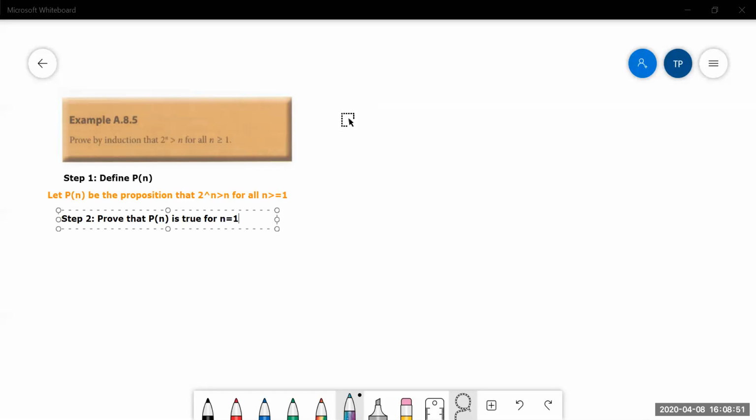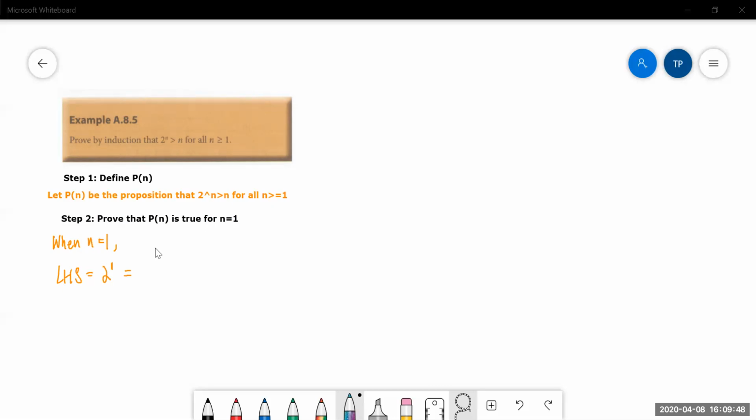So you have to state, when n equals to 1, left-hand side will be equals to 2 to the power of 1, which is equal to 2.